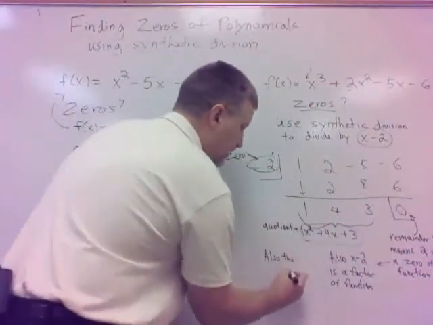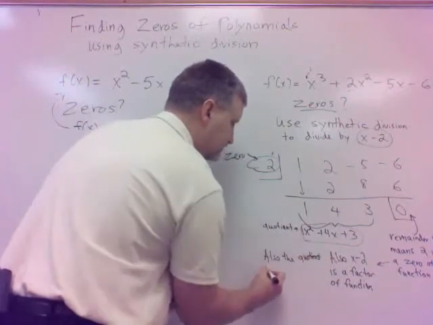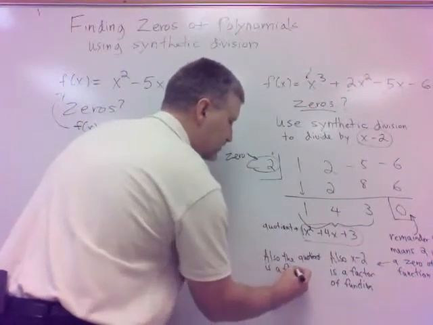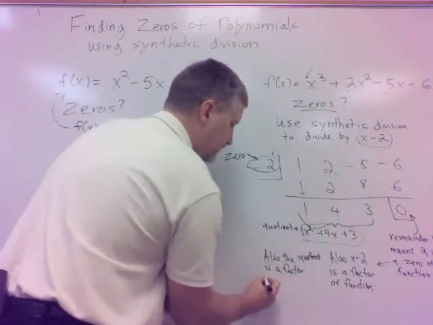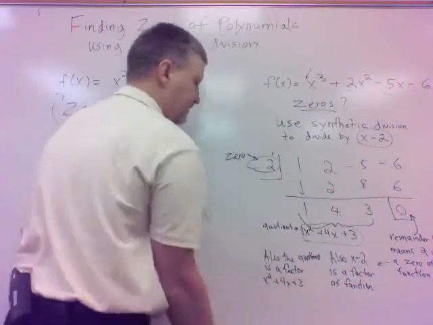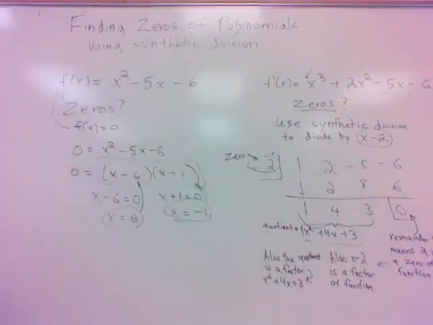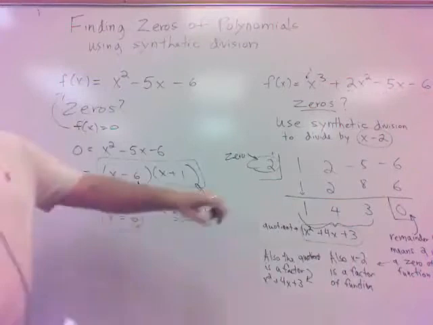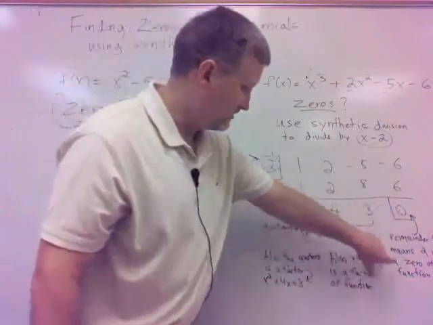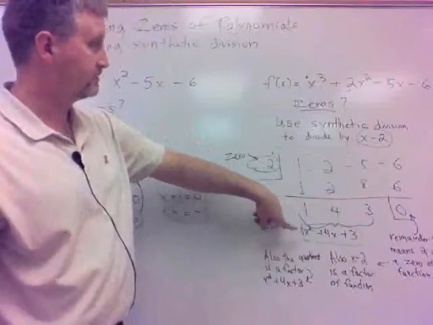So also the quotient is a factor. X squared plus 4x plus 3 is a factor in this case. Okay? All that happens because I got that 0 right there. I got a 0 of the function, I got a factor of that function, and then I've also got the other factor.